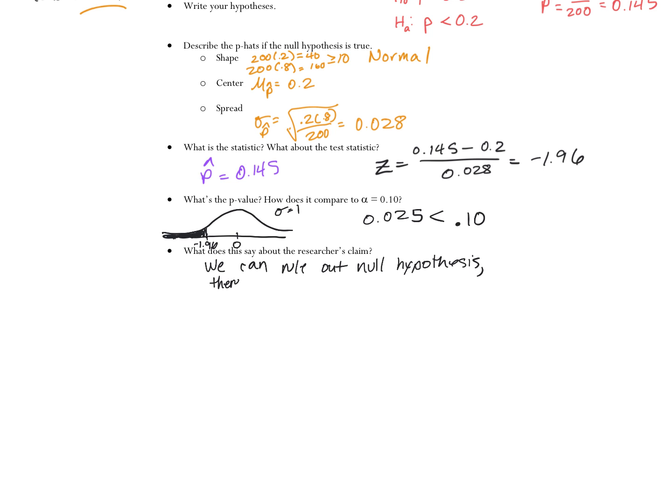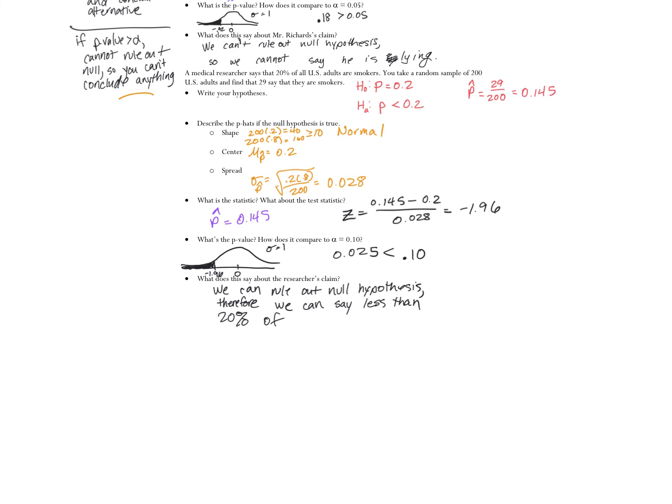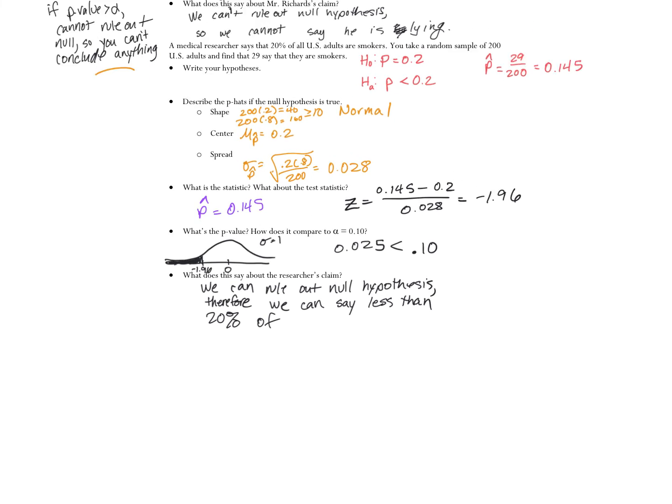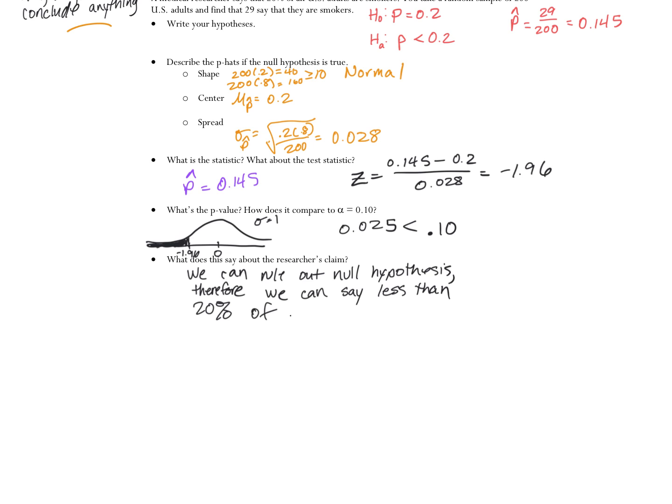Therefore, we can say fewer adults smoke. Because that's what the alternative hypothesis says, right? P is less than 0.2 means that the proportion of adults who smoke is less than 20%.